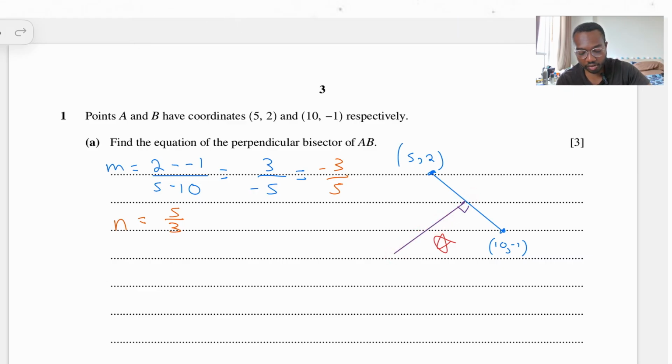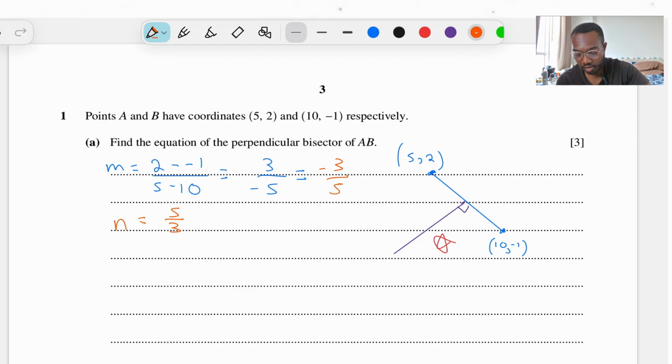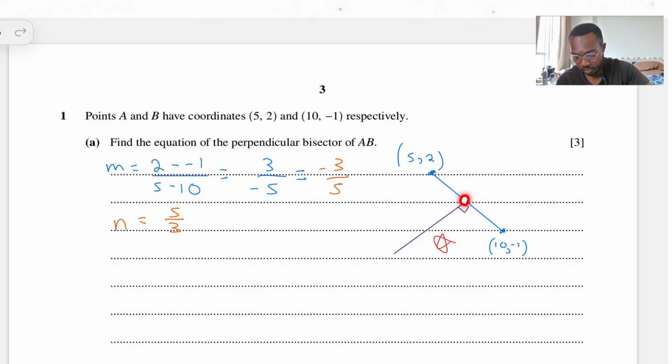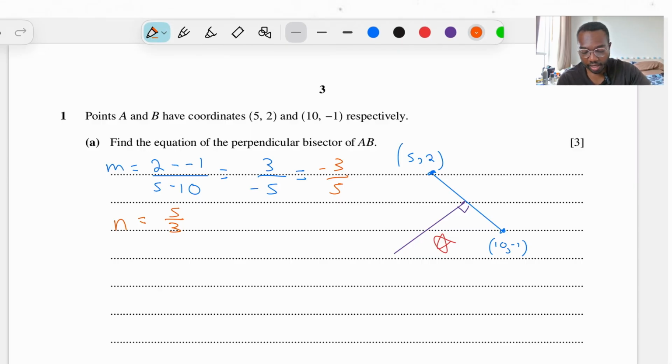Now what we need to do is work out this point here. That would be the midpoint of line AB. So to do that, just work out the midpoint. We know that it will be (5 + 10)/2. So that gives me 15/2. So we know 15/2 is the x value.